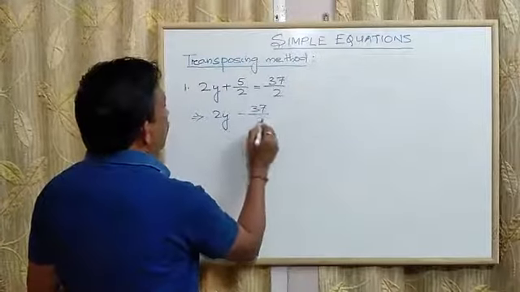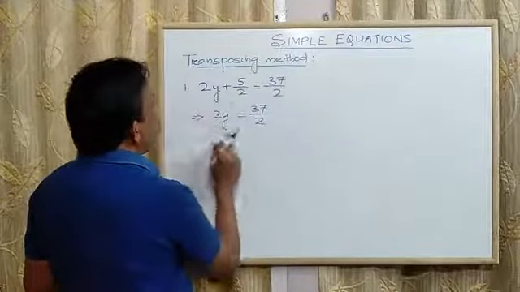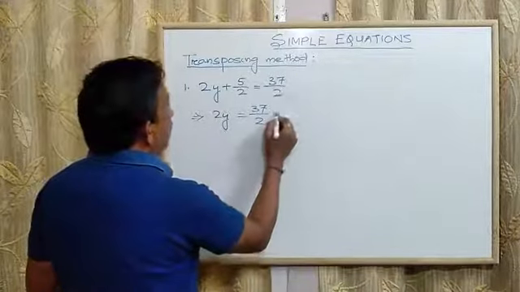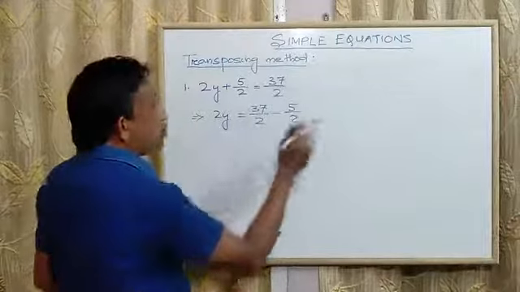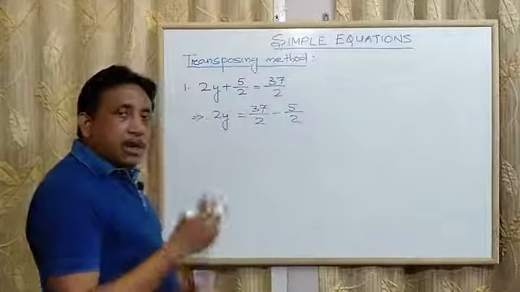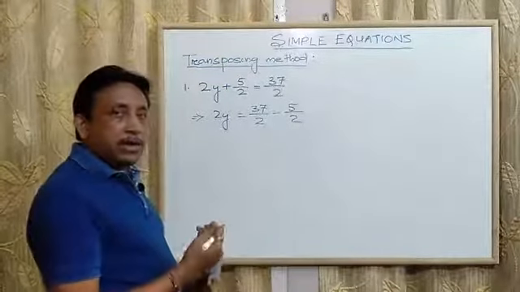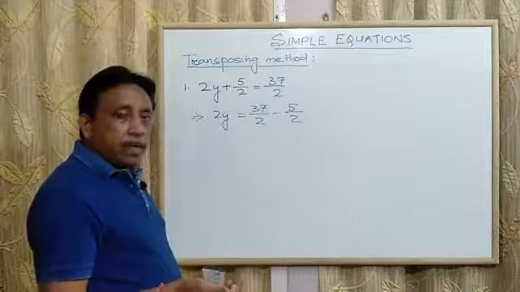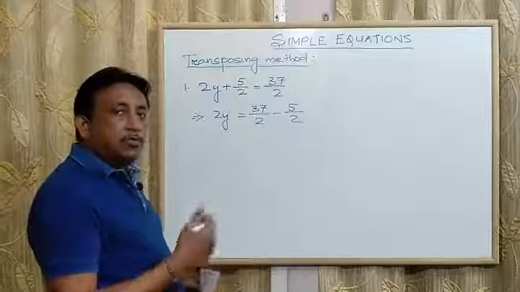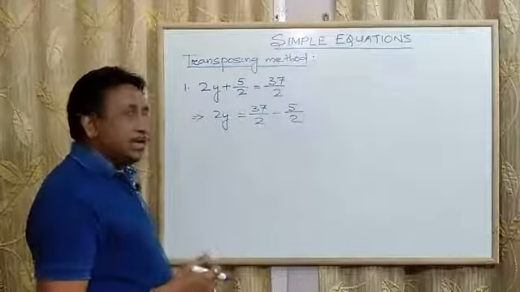Now this plus 5/2, when I change the side, becomes minus 5/2. So plus, when it goes to the other side, becomes minus, and minus becomes plus. Multiplication converts to division, and division converts to multiplication when the side is changed.